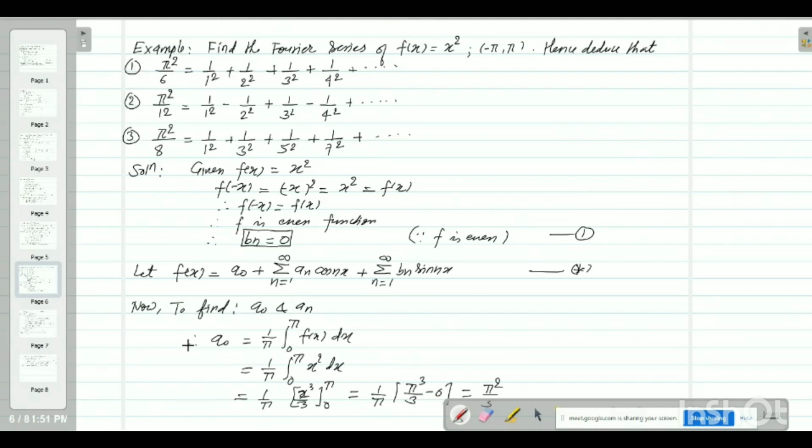For the second case, if you put x equal to 0, then you are able to deduce the second one. For the third case, if you add the first deduction and the second deduction, you will get the third one.